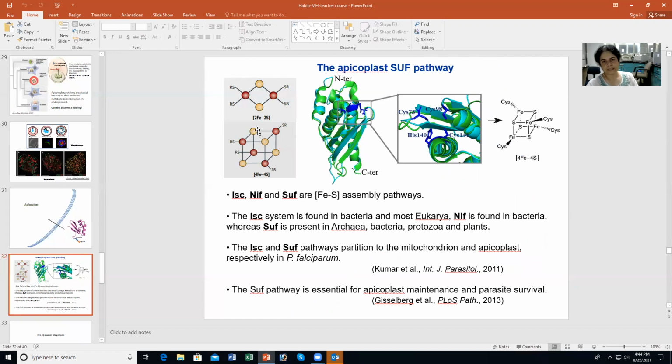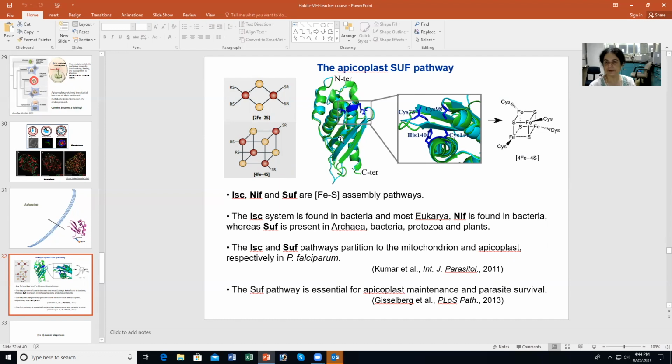They can have 2 Fe and 2 S atoms, or 4 Fe, 4 S, or they can have intermediates, 3 Fe, 4S, 3 Fe, 2S, but the most common ones are 2 Fe-2S and 4 Fe-4S. This is a structure which is like a cuboid, and the sulfur and the iron atoms are present here. These are coordinated further by cysteine residues on the protein.